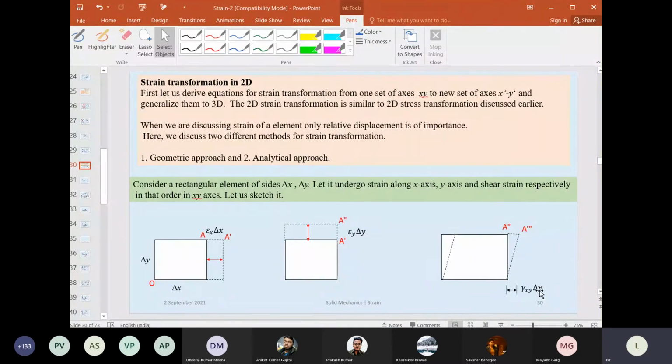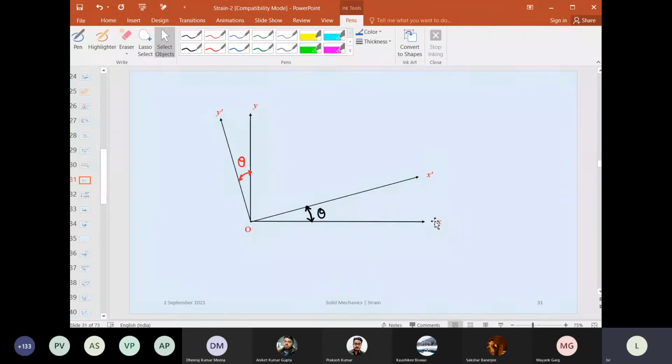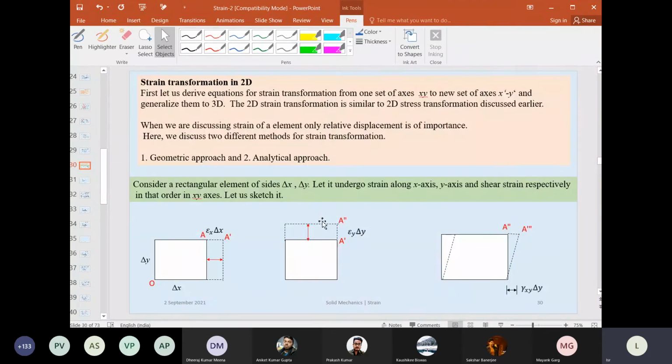Is that okay? Now let us say we have coordinate x, coordinate y, and we rotate by theta to get x prime, y prime. We know strains in the xy coordinate, that is epsilon x, epsilon y and gamma xy.